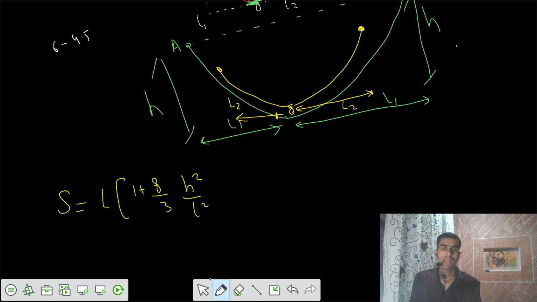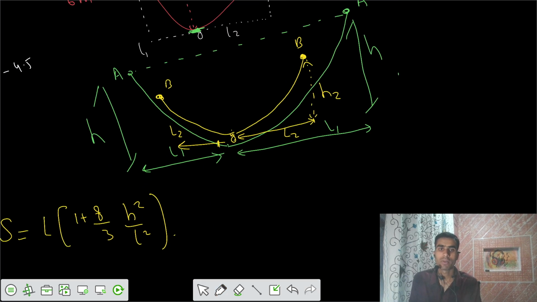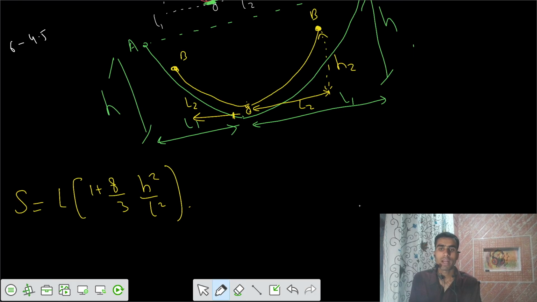Now, for cable 2, which had supports B and B, there was a sag of H2. From this condition we had H2 equal to 1.5, and for the first one the sag H1 was equal to 6.